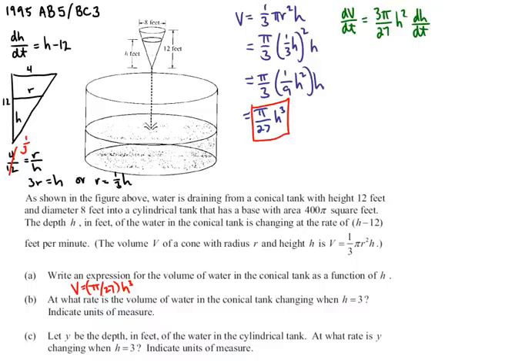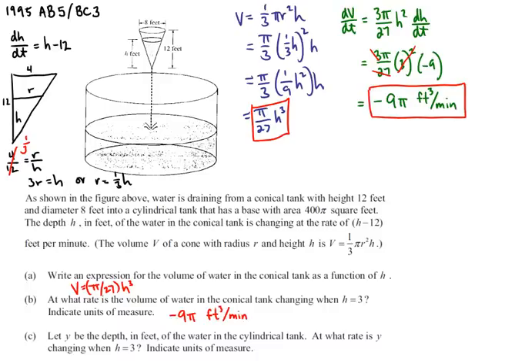We have that written over there. That's h minus 12. And we want to solve this when h is equal to 3. And so we have 3 pi over 27 times 3 squared times 3 minus 12, which would be -9. It might be simpler to use the 3 from the 3 pi and the 9 from the 3 squared to give you 27 to cancel with the denominator, and that would leave us with -9 pi cubic feet per minute, and so that would be our answer for part B.